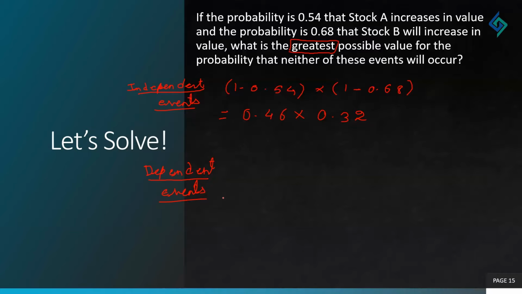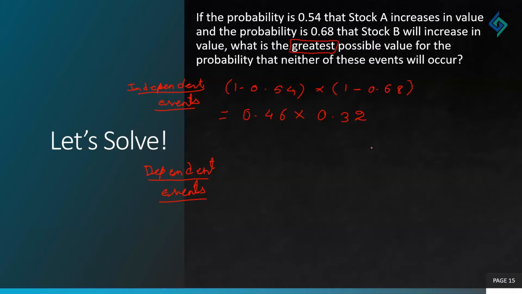Now, if you have thought about all the three different possible types of dependent events, then you will realize that it is impossible for these two events to be mutually exclusive. Why? Because if they are mutually exclusive dependent events, then the probability of stock A or stock B increasing will be 0.54 plus 0.68, which is absurd, which is not possible because then the probability will become greater than 1. So they cannot be exclusive events, right? They can be partially dependent, or one completely dependent on the other.